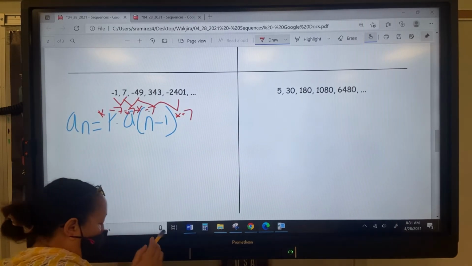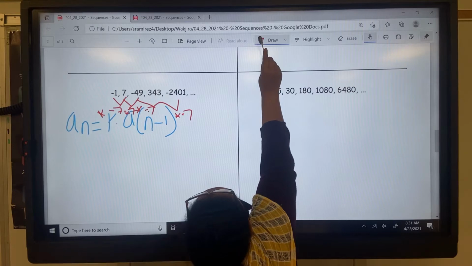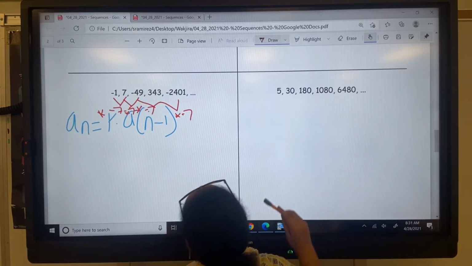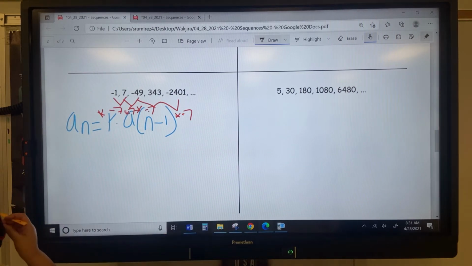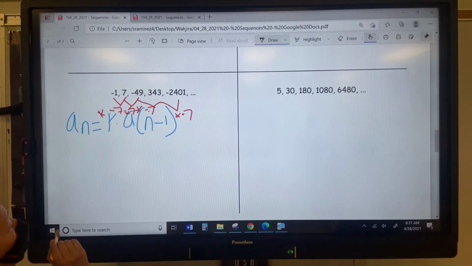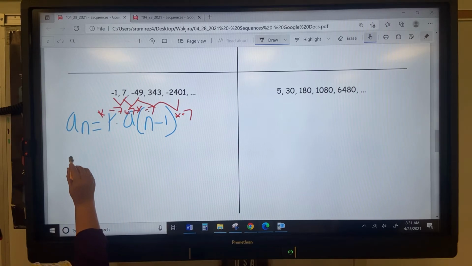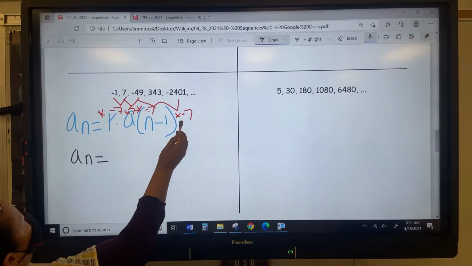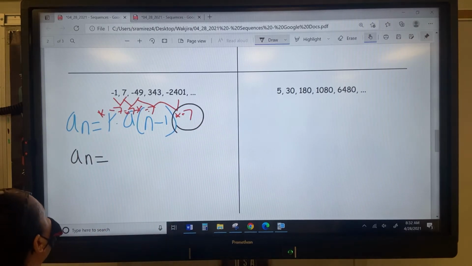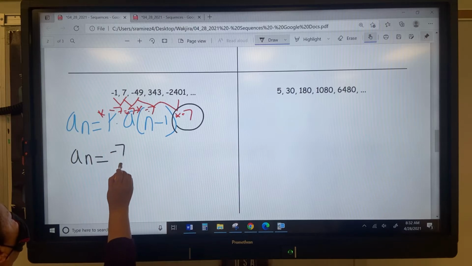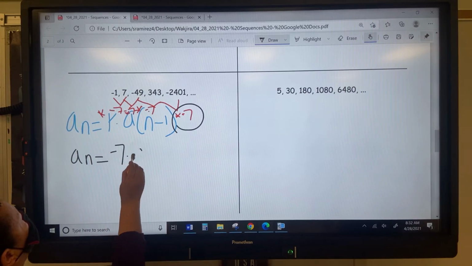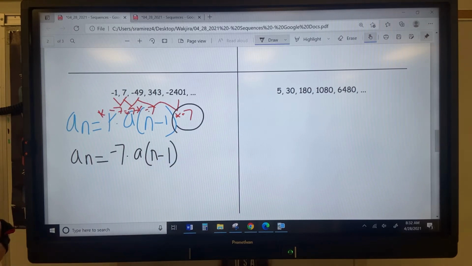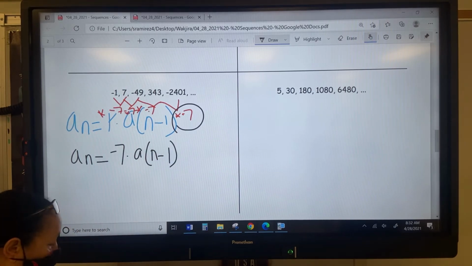So since we got our R, we're going to write our formula. That's the only thing we need to worry to find. So the formula is A sub n equals, our R is negative 7. So we write negative 7 here times A sub n minus 1. So this is our formula.